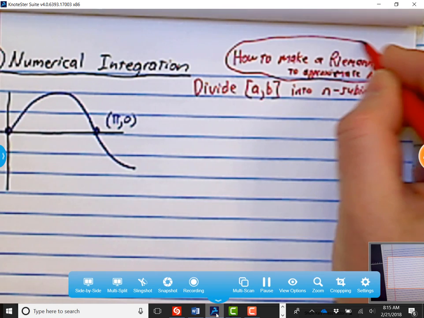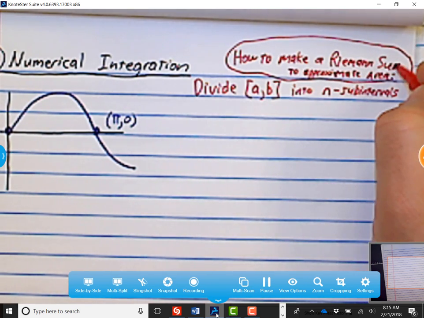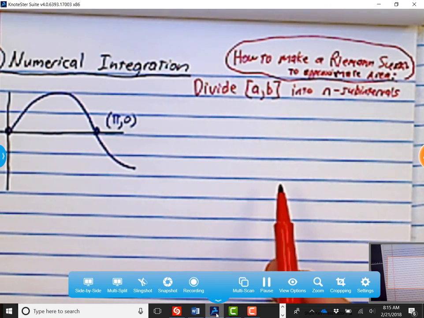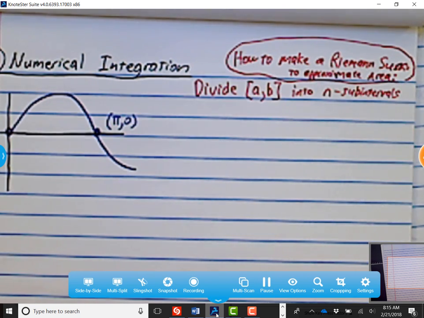So this is something you might do the first day of calculus, just to show a student what calculus is. And so you divide it into how many pieces? If you were doing this the first day of class, what would you do? How many pieces would you divide it into? 5?